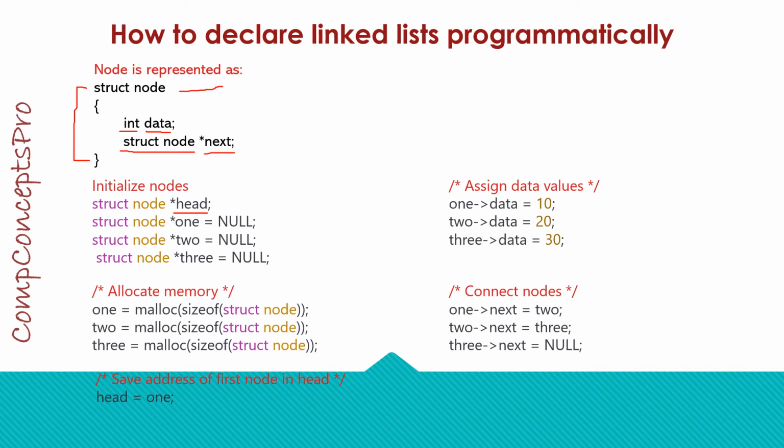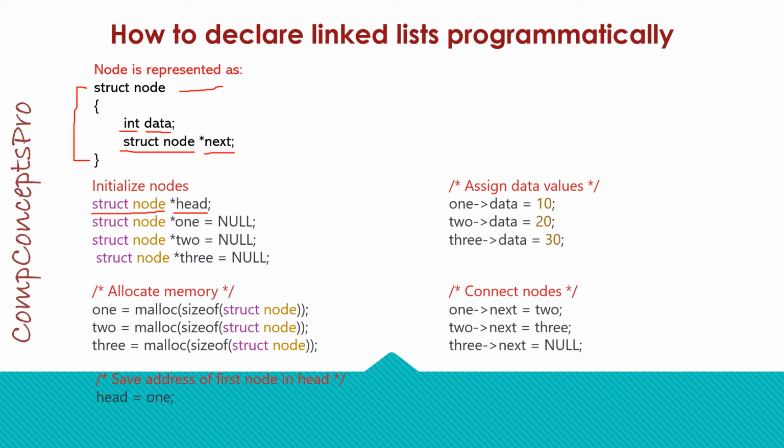So don't get confused, either head or start can be the name given to the pointer which is pointing to the first node. So head or start is also a pointer variable, but its data type is struct node because it is going to point to the first node of the linked list.